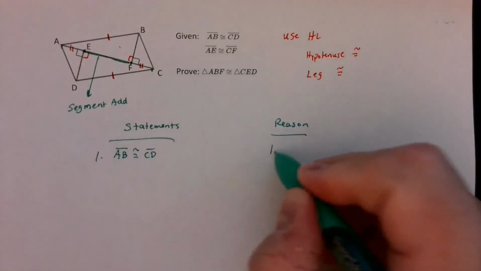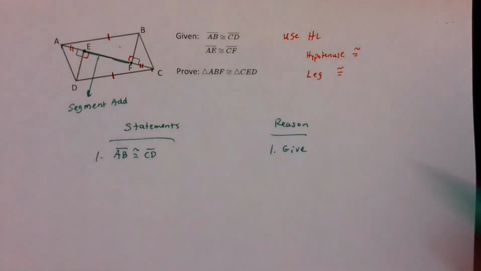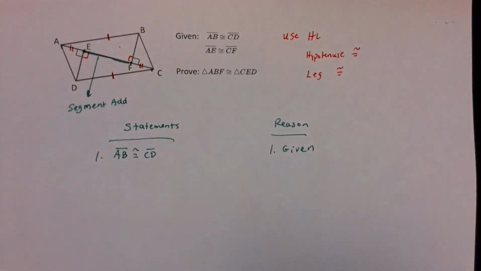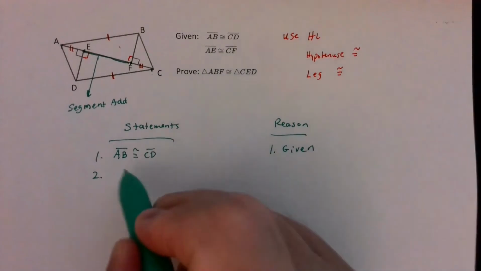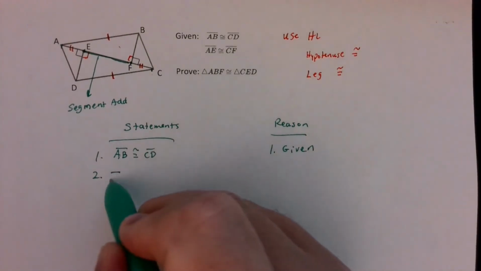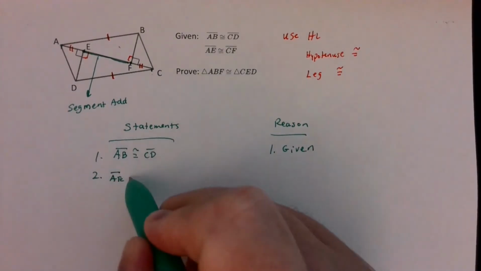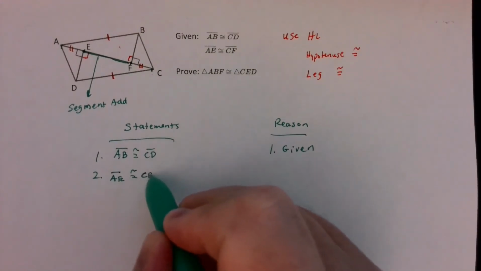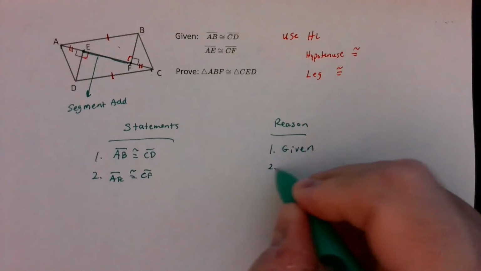That's a given. So I've got that, given with an N. And then I've got that segment AE is congruent to segment CF. So that's also a given.